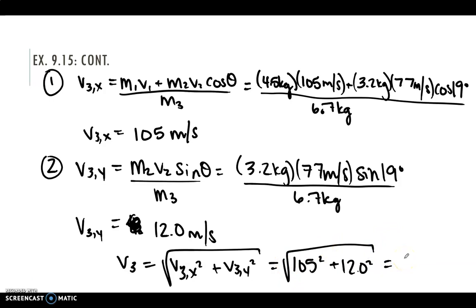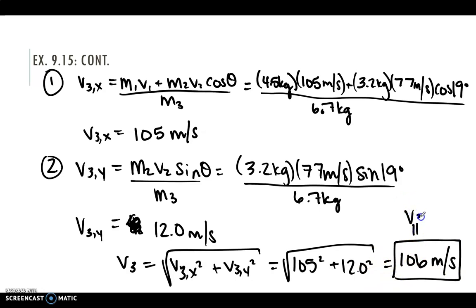Let's go ahead and do that. 12 squared. And we get V3 is equal to 106 meters per second. So now this is my velocity of that third part.